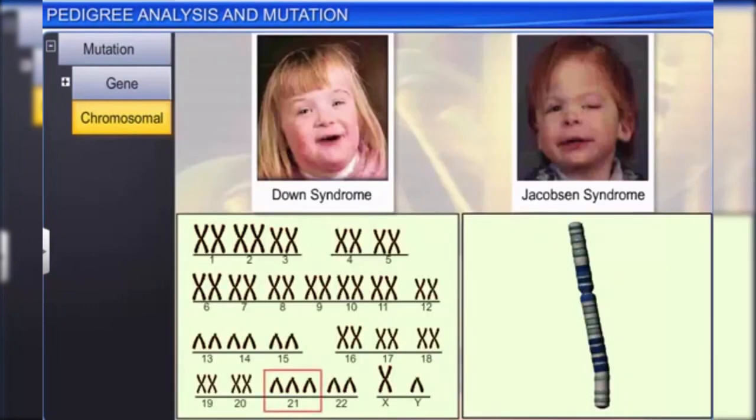Down's syndrome and Jacobson's syndrome are some disorders caused by chromosomal mutations. Down's syndrome is caused by an additional chromosome in the 21st chromosome, and Jacobson's syndrome is due to deletion of a portion of the 11th chromosome.